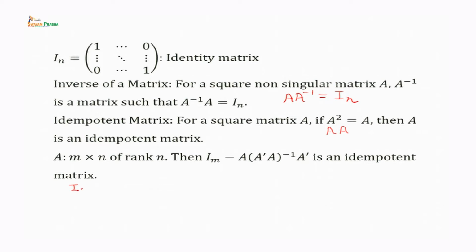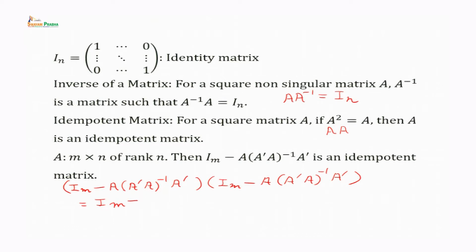You have I m minus A (A transpose A) inverse A transpose. You multiply it by I m minus A (A transpose A) inverse A transpose. So, what you get? I m, then you have minus this into I m, and then you have I m into this matrix.